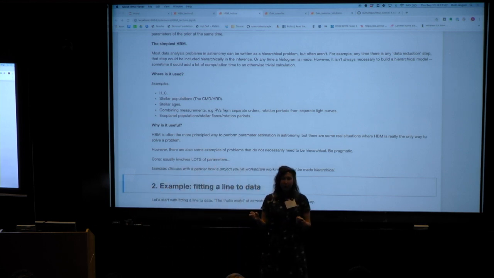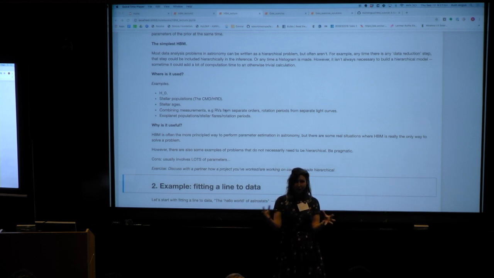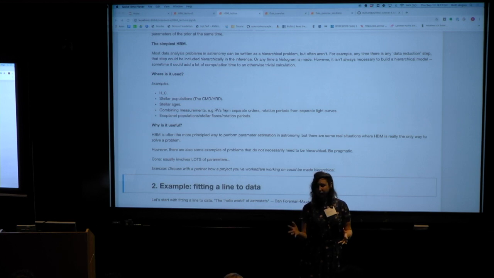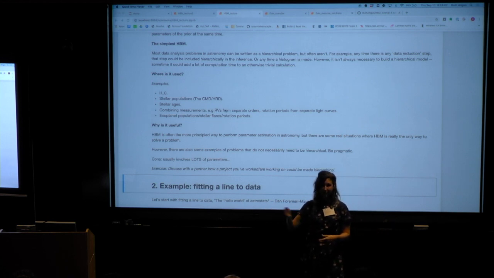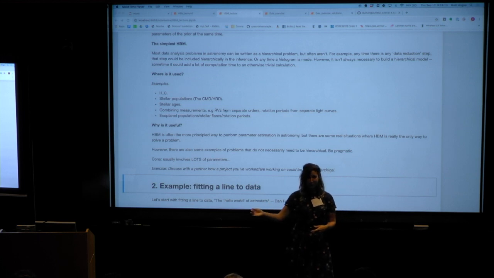What we do when we try to infer the population of the exoplanet distribution is we go to the NASA Exoplanet Archive and download planet properties like radius and period, and then we make histograms of what the radius distribution of planets is and what the orbital period distribution of planets is.